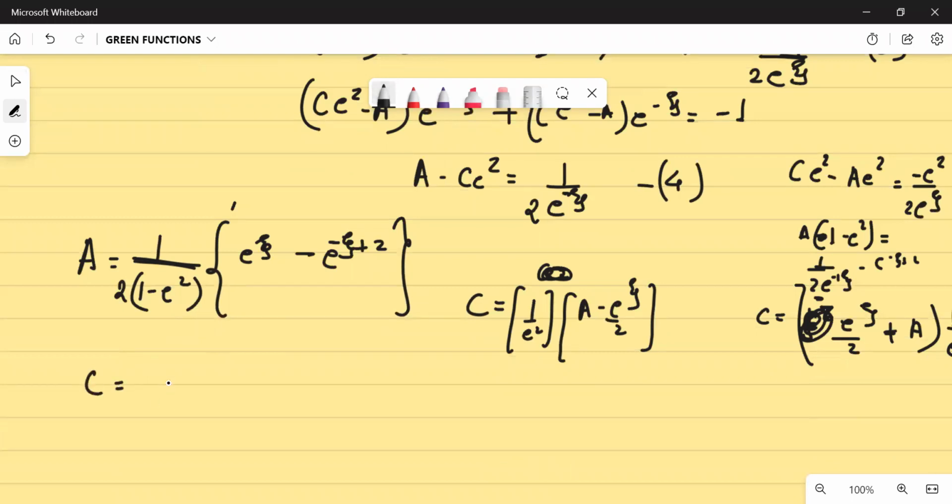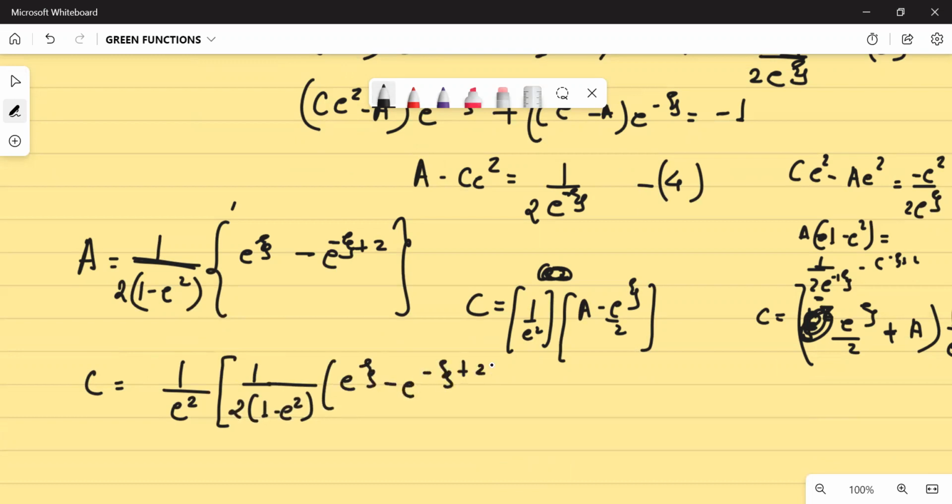So c will be equal to what? Just take the LCM of it.